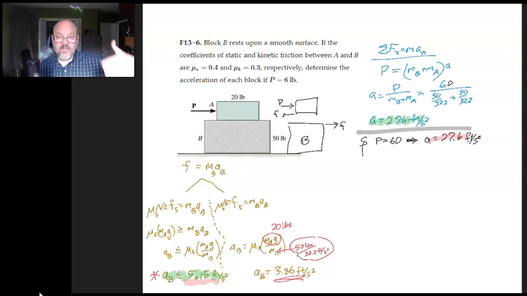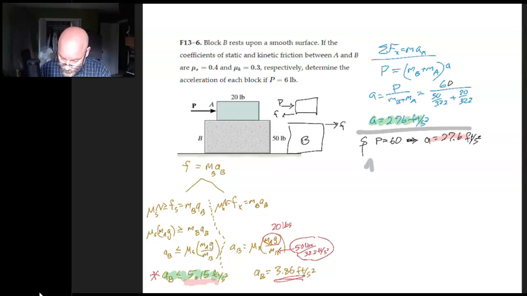Then I have to look at them one at a time. So for block A, whoops, for block A, I would have my 60 pounds minus the kinetic friction between the two blocks, equals MAA, like this.